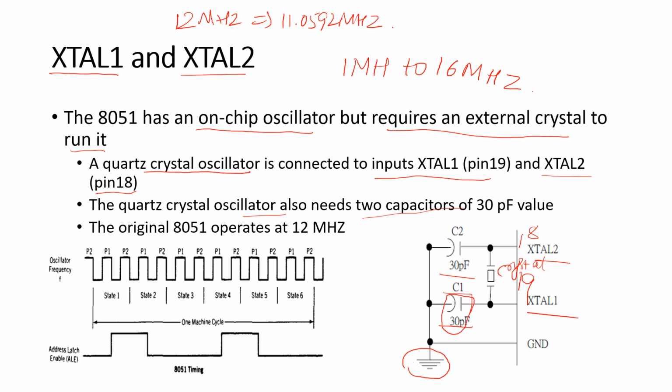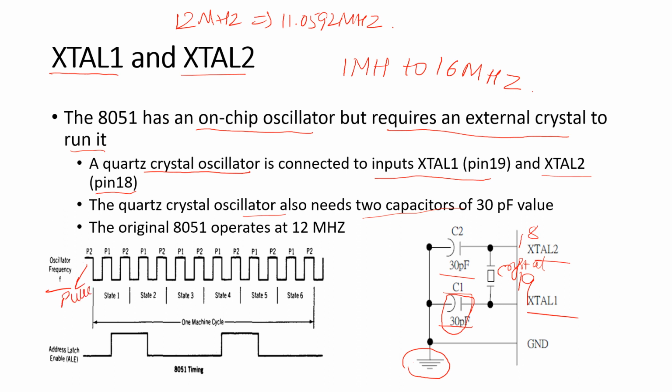When we talk about the oscillator timing, the clock frequency F, that is the oscillator frequency F, establishes the smallest interval of time within the microcontroller, which we call a pulse.